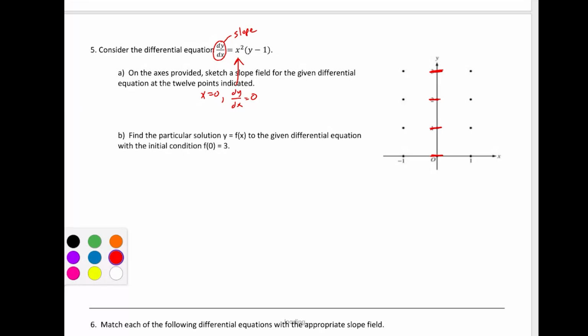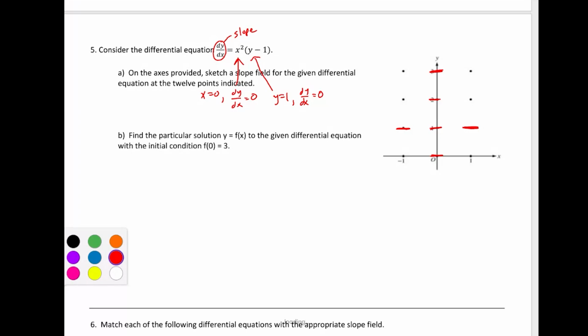Now, if y is 1, then this factor will be 0, meaning the whole slope would be 0. So when y is 1, dy dx is 0. So we'll go to y is 1 and plot those horizontal lines as well. Now, we will have to do some computations here to get the rest of the points, but I like to get the easy ones out of the way first.